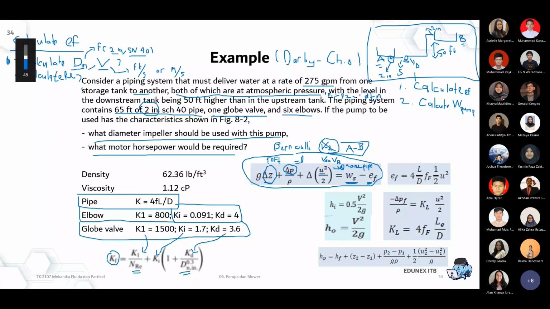Which inputs have to be used to calculate the linear velocity? How can you convert this GPM into feet per second or meter per second?